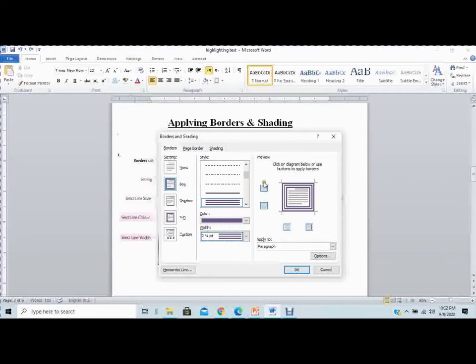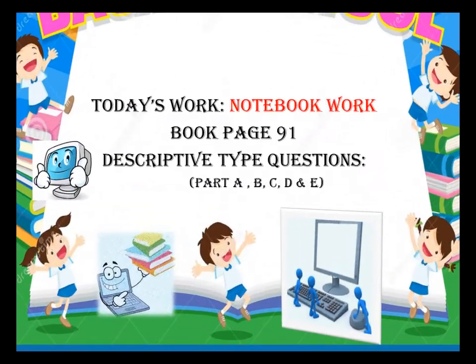I have selected this. You can see my text box will look like this when I select it. And from here, this is the option. It is applying to a paragraph because I have selected a box from here. So these are the options we discussed, and I hope you have learned about it.